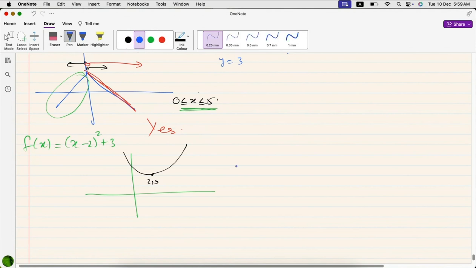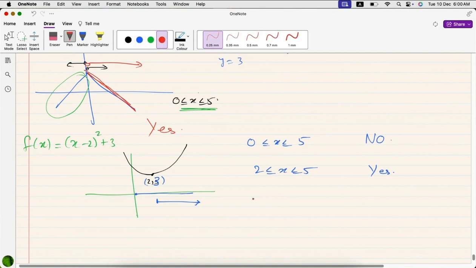And now see, I say that we draw from 0 less than or equal to x less than or equal to 5. So that would be a no. Then we draw from 2 less than or equal to x less than or equal to 5. That will be a yes. You see, 0 to 5 is something like this. 2 to 5 is something like this. We are discarding the other side of the turning point.